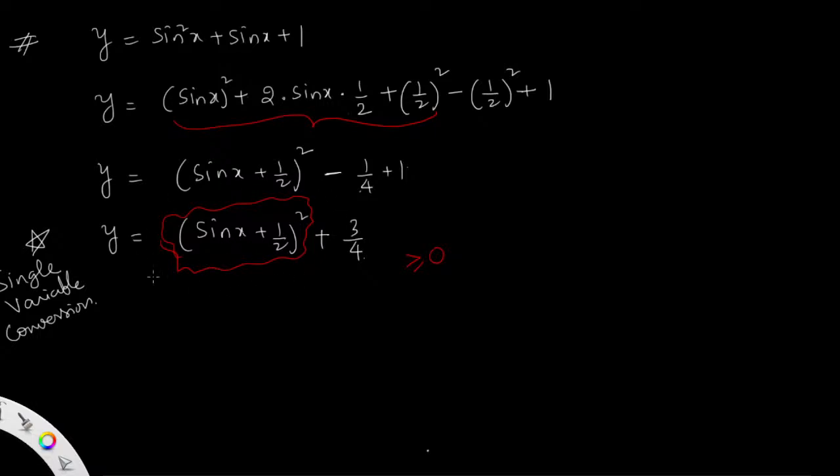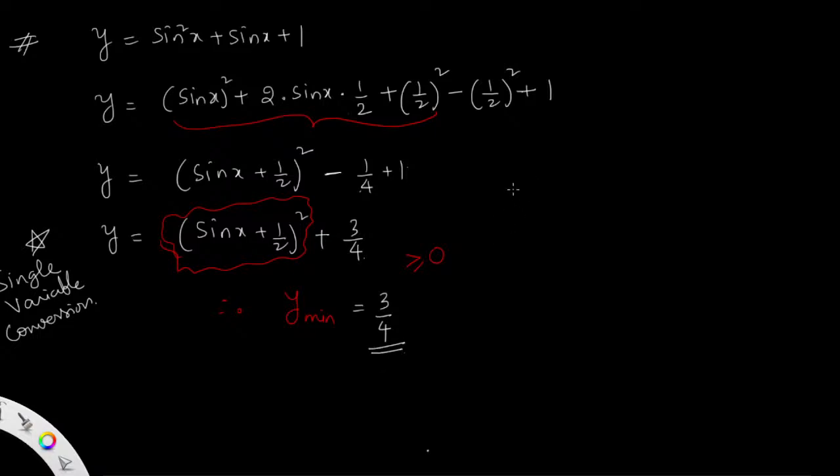For any value of x, this total value is positive, plus 3 by 4, nothing but 0 plus something, 3 by 4, which is also positive. Therefore y minimum value is 3 by 4. Putting the value 0 here, any value becomes positive, and positive plus 3 by 4 becomes 3 by 4. Therefore the y minimum value we can take as 3 by 4.